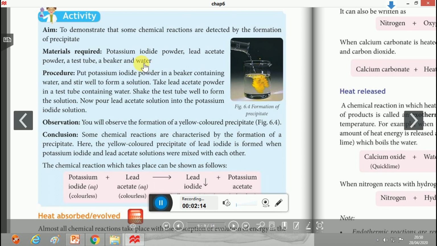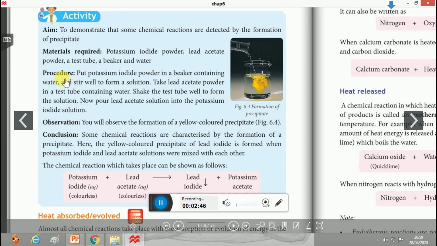This water acts as a solvent. Potassium iodide is soluble in water. Lead acetate is also soluble in water. We first mix potassium iodide powder with water and lead acetate powder with water to form a clear aqueous solution of potassium iodide and a clear aqueous solution of lead acetate.